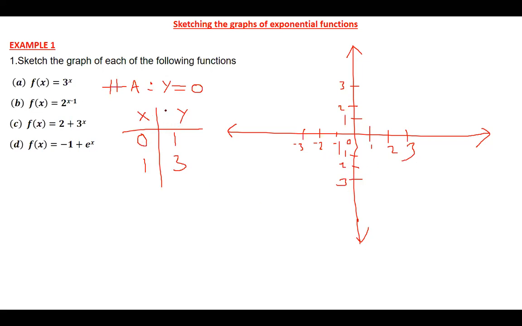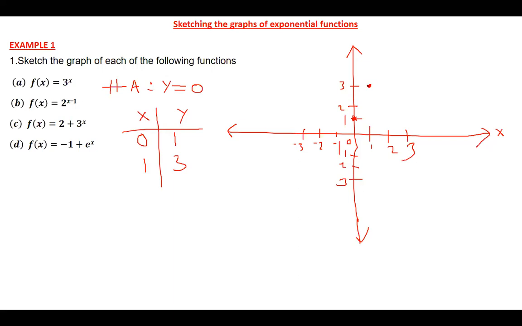We said our horizontal asymptote is y = 0, and the line y = 0 is this line here, which is just the x-axis. Now we plug in these values: (0, 1), our first point there, then (1, 3), that other point there.